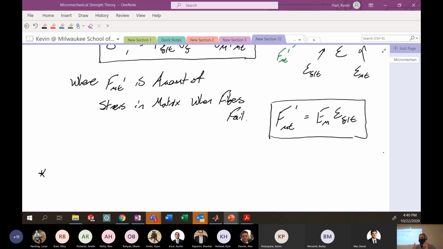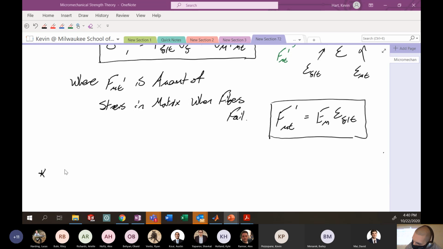Now, like I said, we could have two possibilities. When the fibers fail, our matrix could be strong enough to still retain the amount of load that was lost from the fibers, and we still could have our composite intact. Or the matrix might not be strong enough to hold whatever load was transferred from the fibers to the matrix, and it could just fail catastrophically.